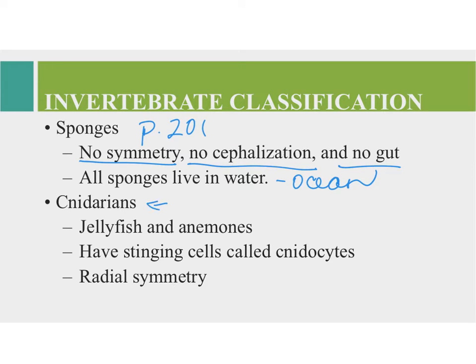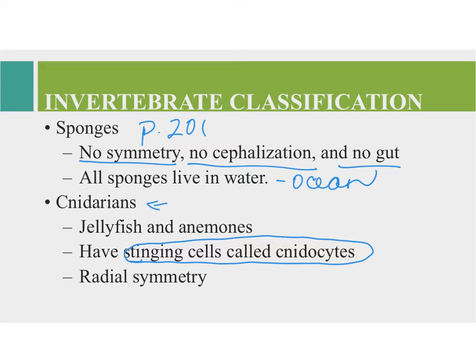Cnidarians. Now, cnidarians are jellyfish and anemones. You can also see a picture of that on page 201. They have stinging cells called cnidocytes. Okay?